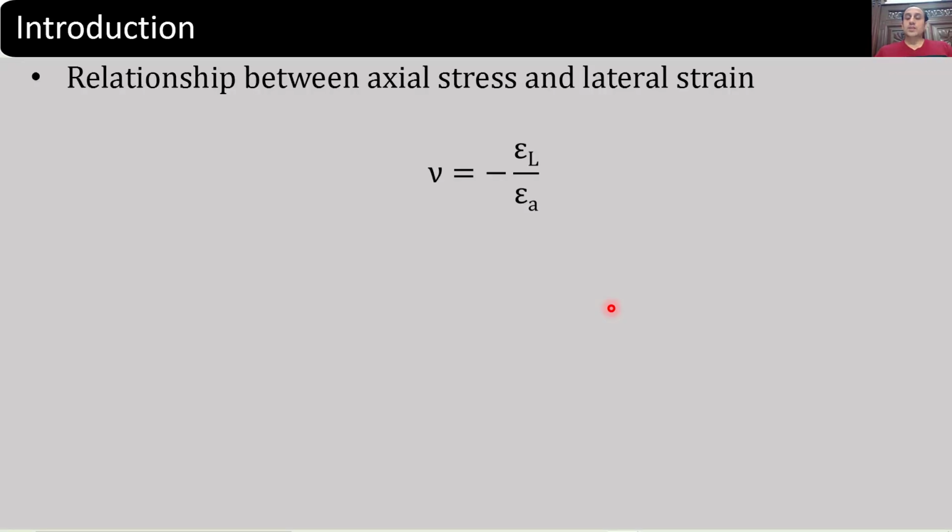There's another relation which relates axial strain with the lateral strain, and that is Poisson's ratio. Poisson's ratio is equal to negative of epsilon L over epsilon A, where nu is Poisson's ratio. This is once again a material property.